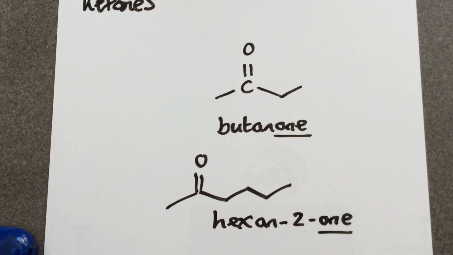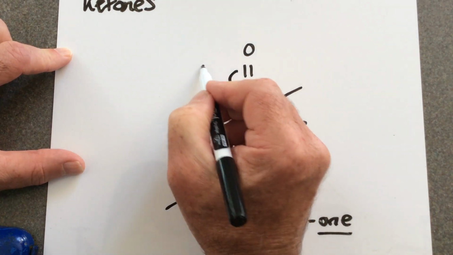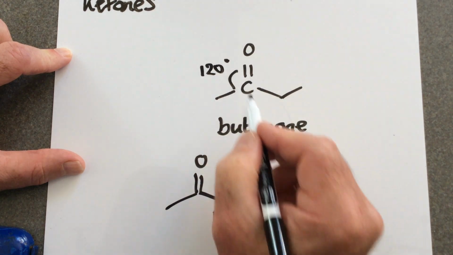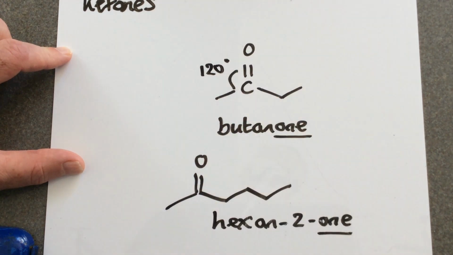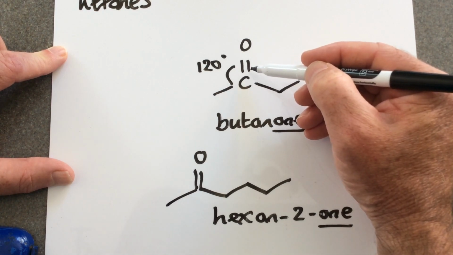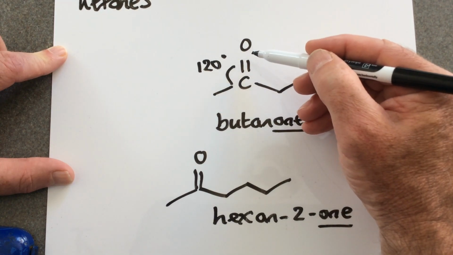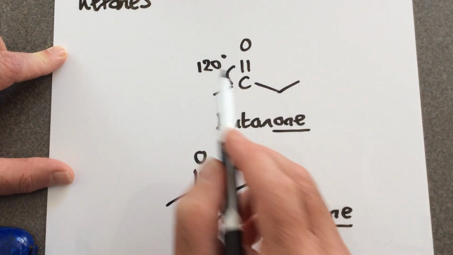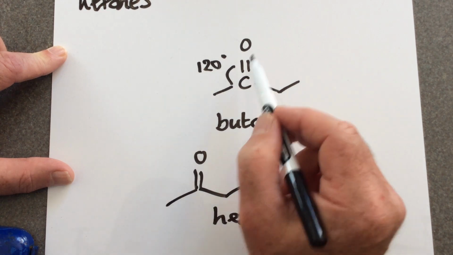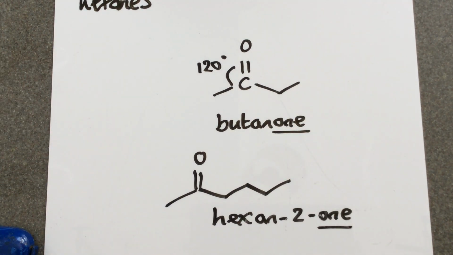Okay, because it's bonded to 3 other atoms, we can clearly see that the bond angles will all be 120 degrees. Just because this is 2 pairs, 2 covalent bonds, they effectively occupy the same space in terms of shape. So we've got 120 degrees, and around this carbon atom, the shape is going to be trigonal planar.